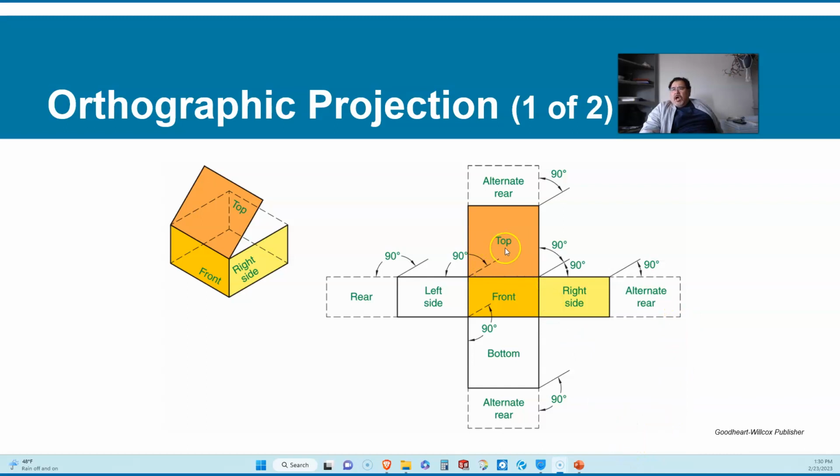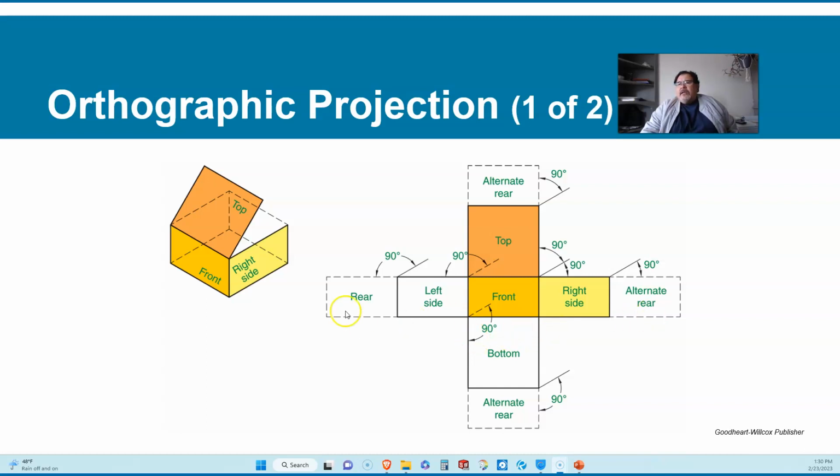Like there's only one top, there's only one bottom, there's only one left, there's only one right, there's only one front, so there's only one rear. And it's either located here, here, here, or here. All those 4 possible locations that it's being projected from, you see?